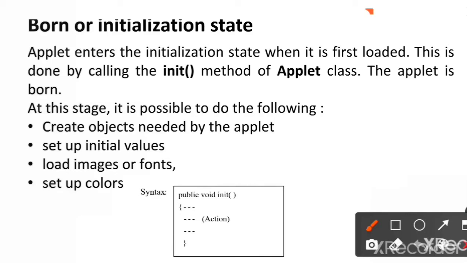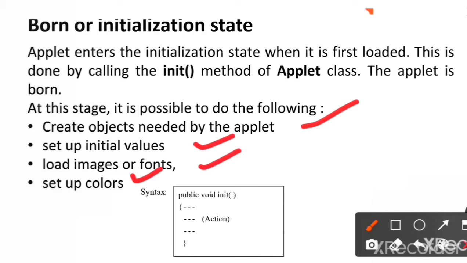The applet is born when this method is called. At this stage, it is possible to do certain initialization, like creating an object that is needed by an applet, or setting up some initial values to the variables, or loading some images or fonts to the current applet program, and setting up the colors, that is foreground colors or background colors of the output window. So all these activities can be performed during the initialization stage, that is when an applet is born.